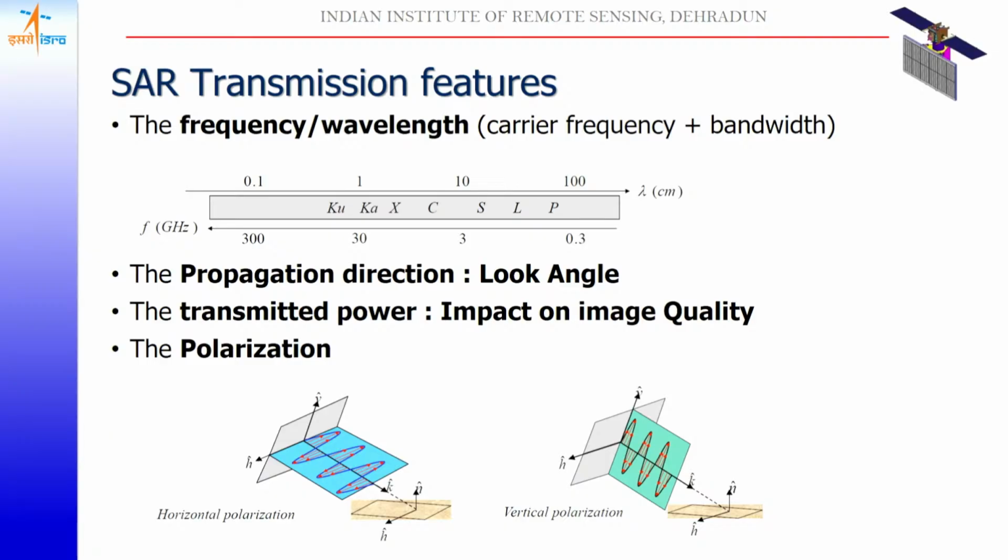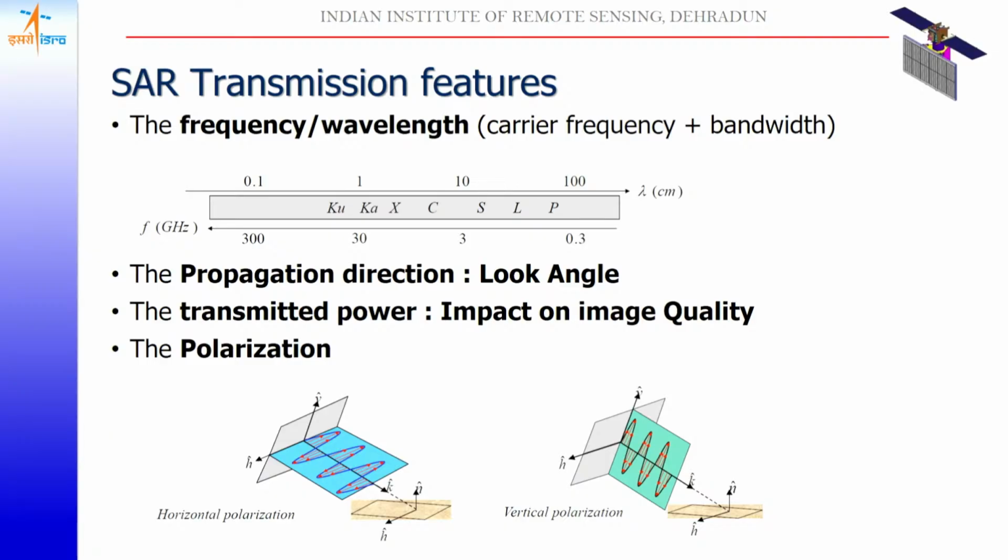And the fourth component is the polarization. Because SAR is an active sensor, we have the advantage to transmit the signal in either horizontal or vertical polarization. The advantage is that the polarized wave interacts with the target, and the target may or may not change the polarization.